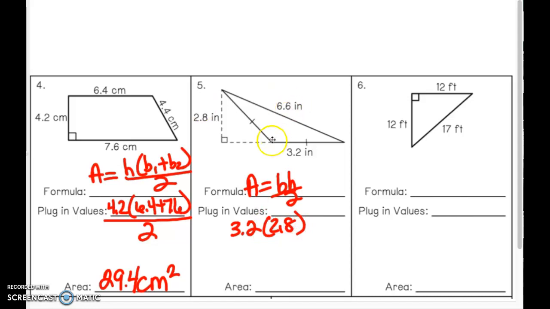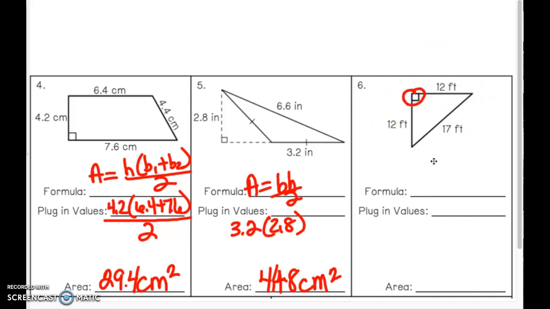If this was going to be the base, you'd have to find the height here, and you'd have to use this number, but we don't have that, so we know this has to be the base. All right, we multiply that out, and we get 4.48 centimeters squared.